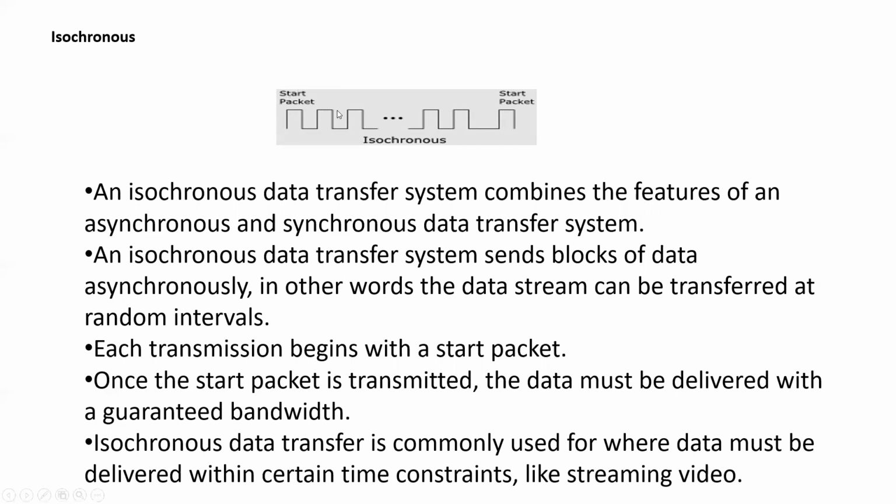So it must be a start packet and a stop packet. The figure has one correction. So we are transferring blocks of data asynchronously. In other words, the data stream can be transferred at random intervals. Each transmission begins with a start packet.